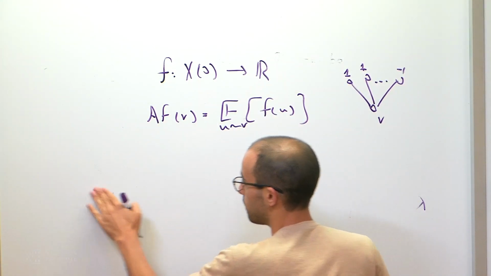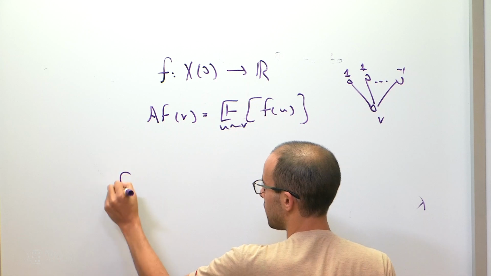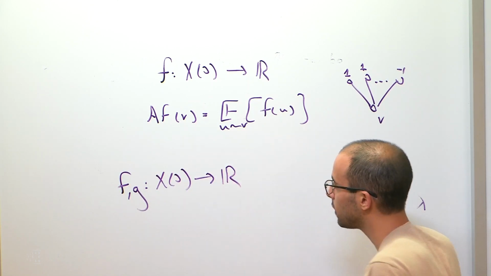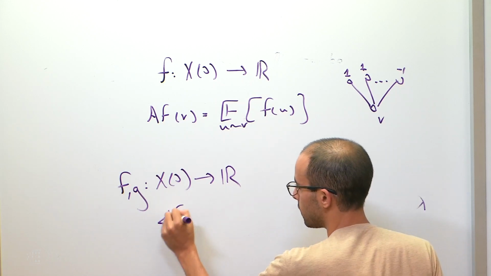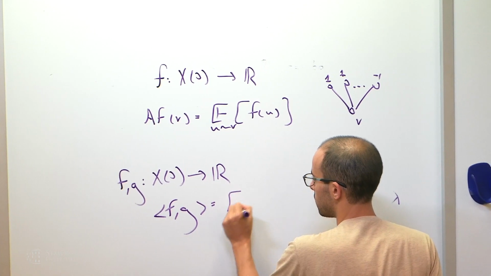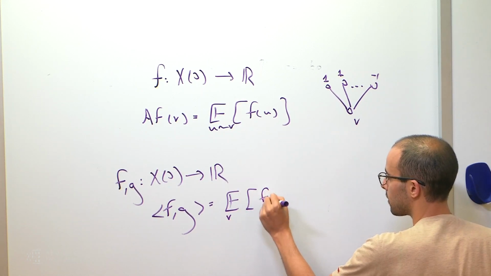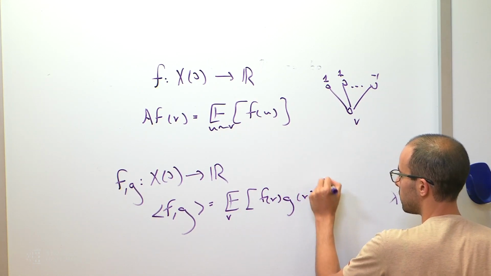And we saw last time that for functions f and g on this, we can define an inner product that is the global average on all the vertices of f(v) times g(v).